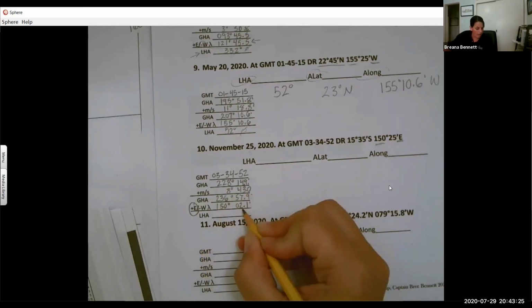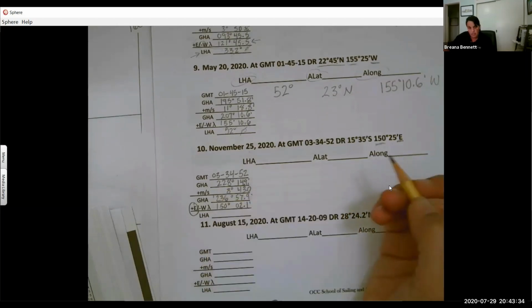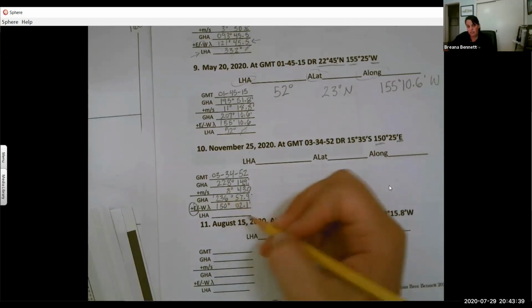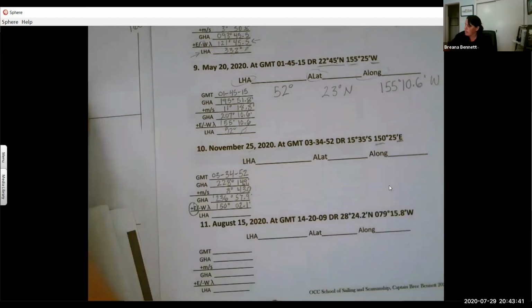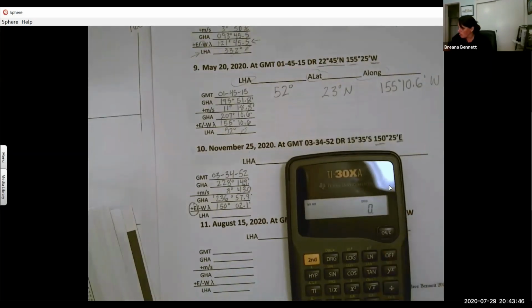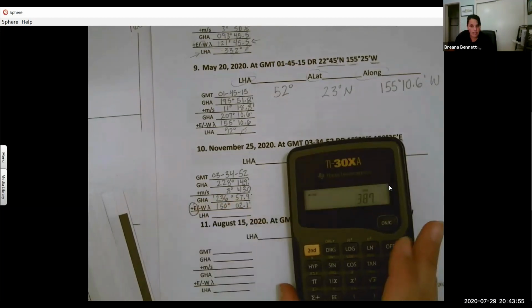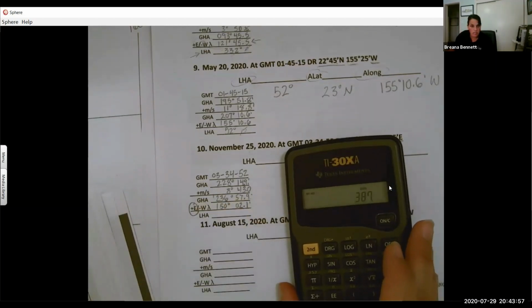So now when you're adding this, you have to keep in mind this is equal to 60 and you have to carry that 1 on the degree side. Make sure you remember to carry that 1. So we have 236 plus 1 plus 150 gives us 387, which doesn't work.